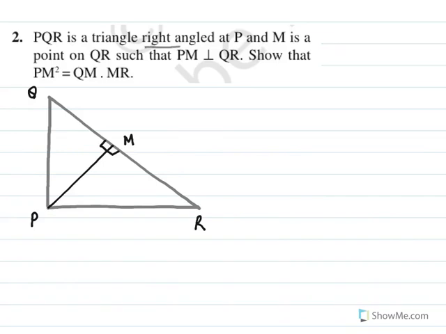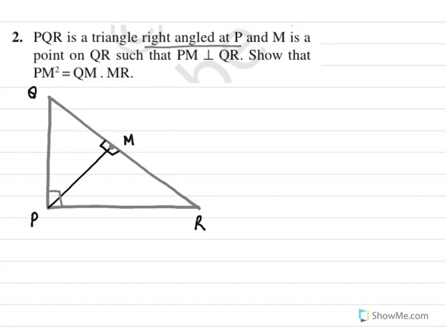PQR is a triangle right angled at P. So here is a right angle. M is a point on QR. So we have taken point M on QR here, such that PM is perpendicular to QR. Show that PM square equals QM into MR. So I'm going to take these two triangles, and I know they are similar by the theorem.